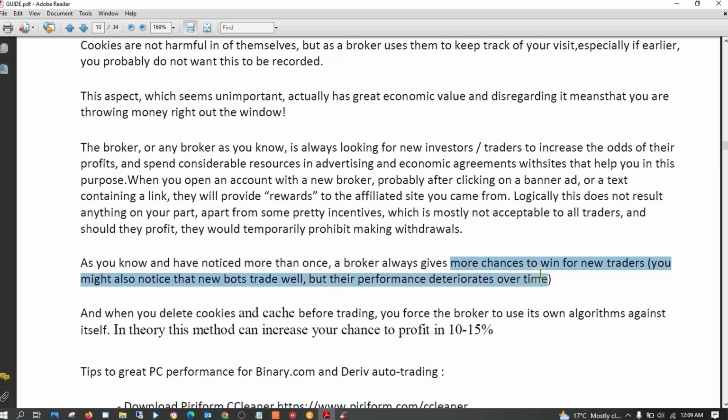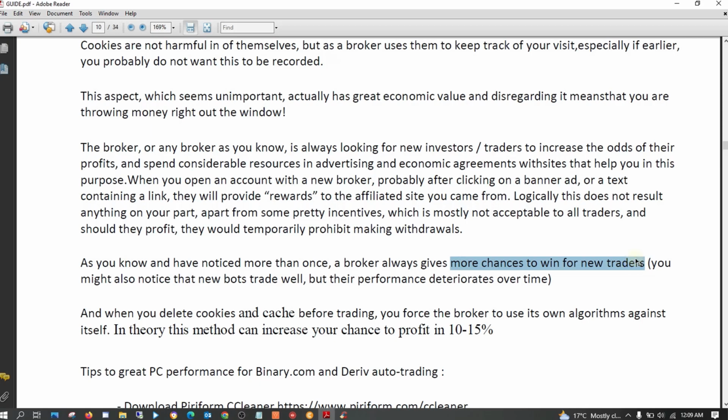You might also notice that new bots trade well, but their performance deteriorates with time. You see, this is the point that I wanted to make. With the bots that I have provided you in the recent past, you have noticed that when they're used more than once, the broker always gives more chances to win for new traders.